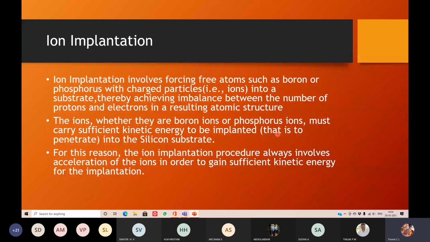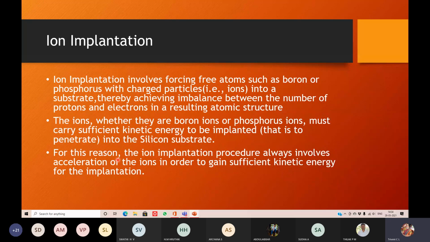And later we discussed ion implantation, where we force free atoms such as boron or phosphorus, as charged particles, into the substrate. This creates an imbalance between the protons and electrons in the atomic structure, which is the p-n junction. In this implantation process, we use sufficient kinetic energy for the implantation.